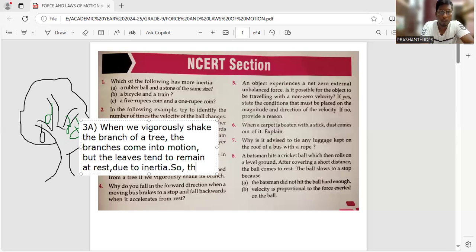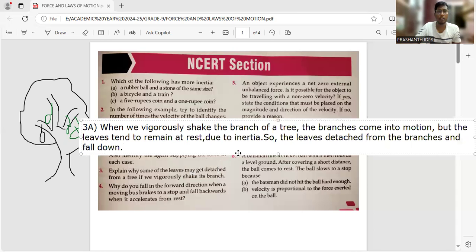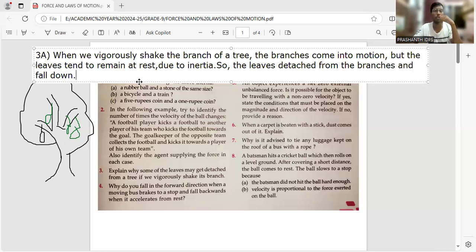So the leaves get detached from the branches and fall down. I hope you have understood it. Any doubt? I told you very clearly in the beginning. Mention it in the comment box. So this is the question and answer for the third question.